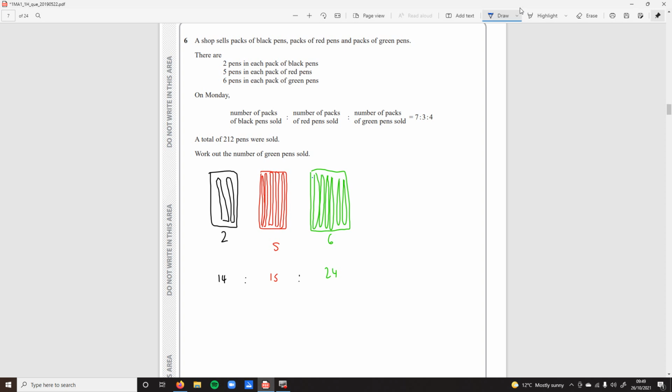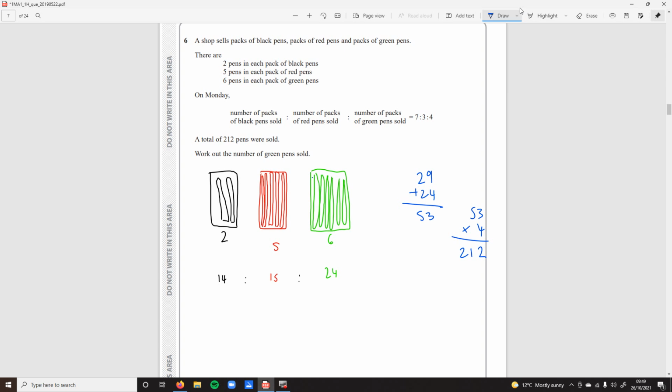It's because I did 19 instead of 29. 29 plus 24, that's better, 53. There we go, 53 times 4 gives you 212. That is tricky, okay.